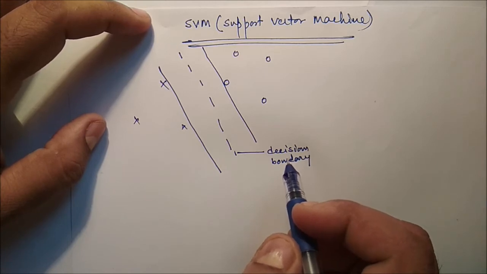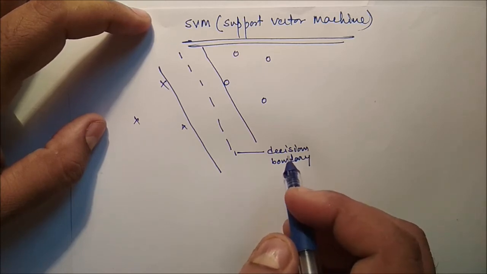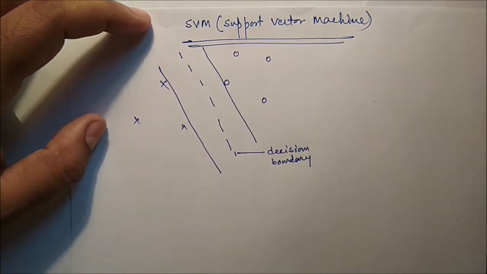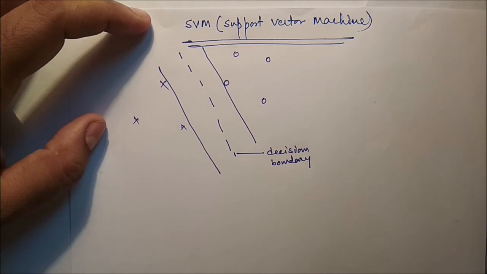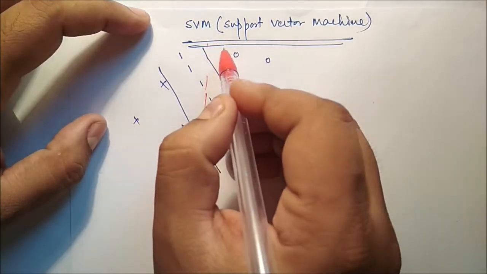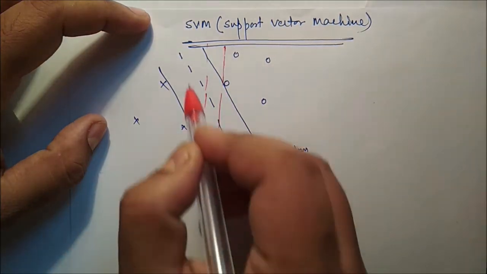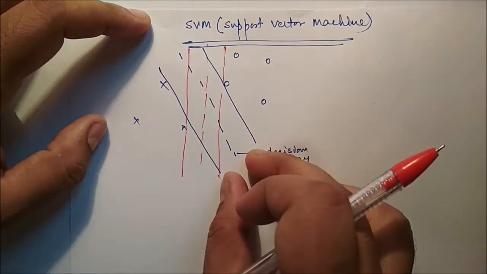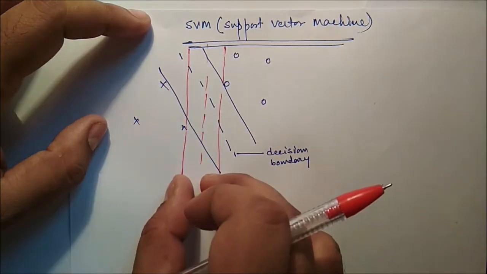Now there are infinitely many such hyperplanes possible. Here we have drawn one hyperplane, but the hyperplane may look like that, so this is one hyperplane and that is another hyperplane.